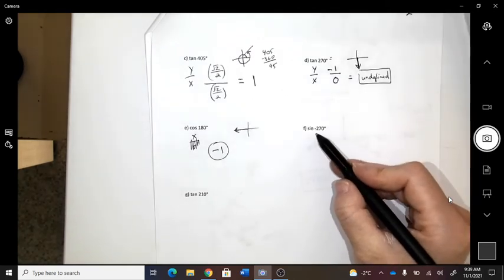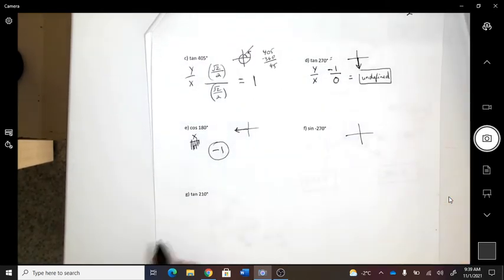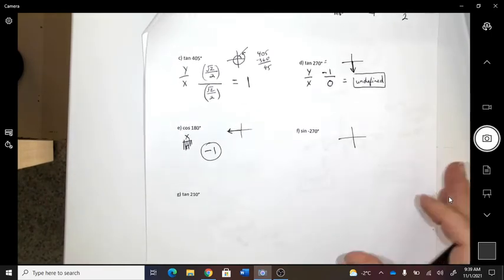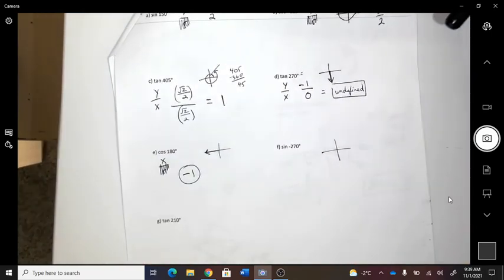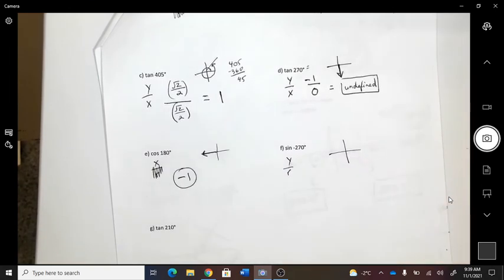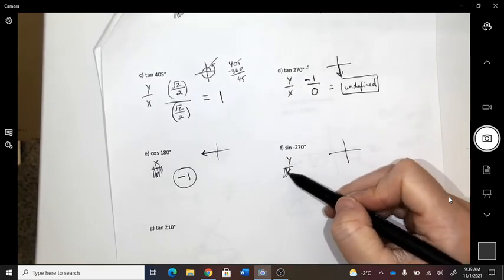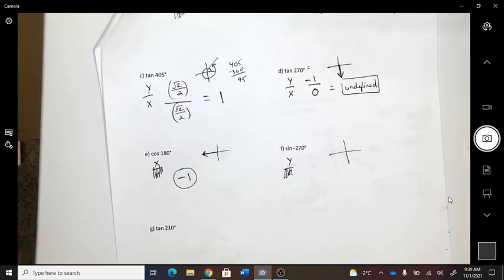Okay, sine of negative 270. So on this one, I'm going to do a y divided by r, but forget about the divide by r. So I'm just a y. Okay, think about where you are.